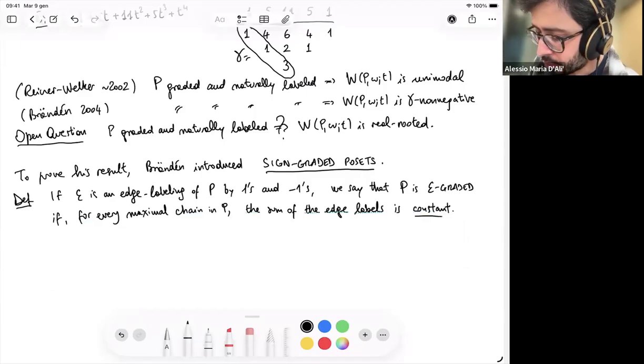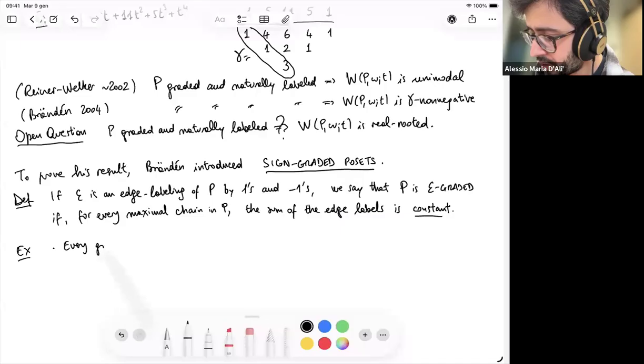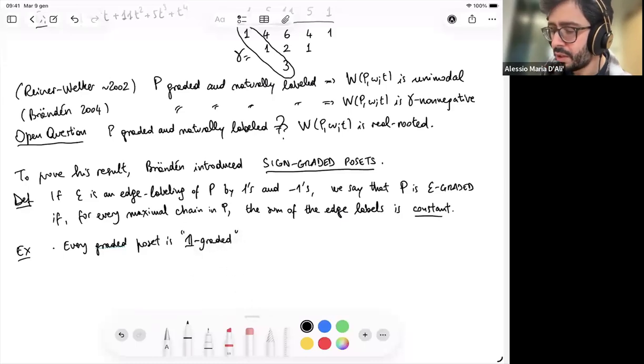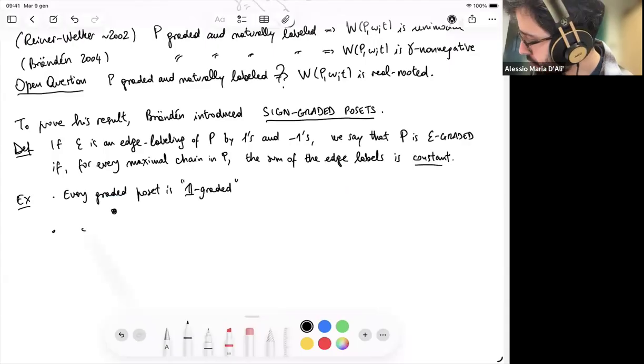So let me give you an example just straight. Well, every graded poset is sign graded with respect to the labeling that just puts ones everywhere. So every graded poset is, say, 1 graded. And then an example of some genuine sign graded poset, which is not graded in the usual sense. You can just do this.